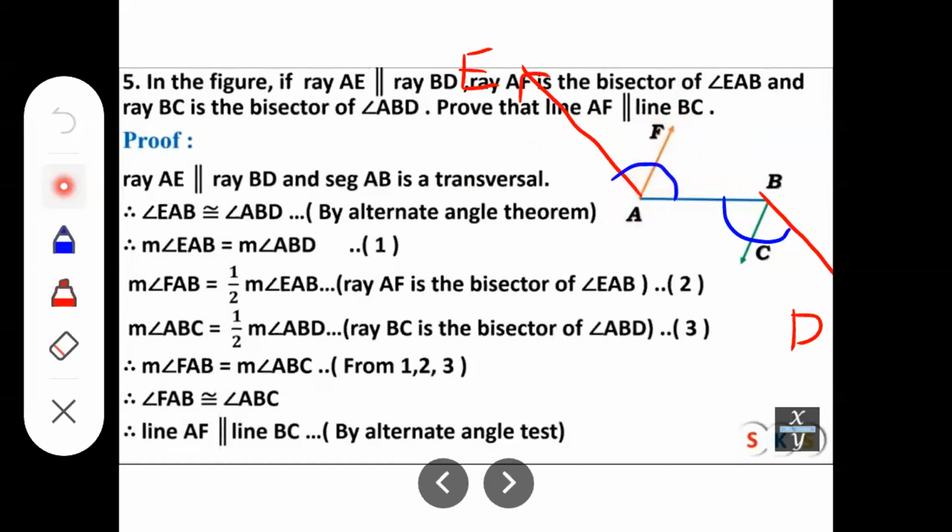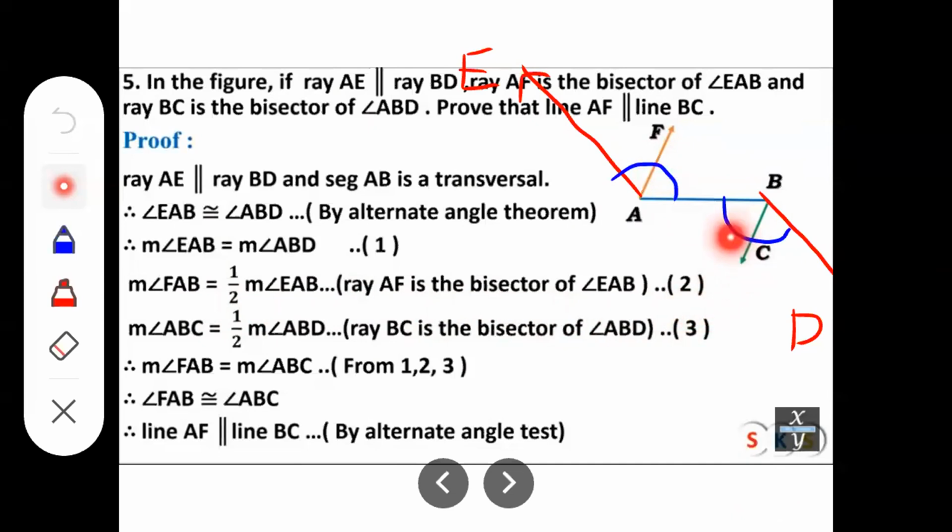So angle FAB is equal to half of EAB, the reason is ray AF is the bisector of angle EAB, and that is equation 2.